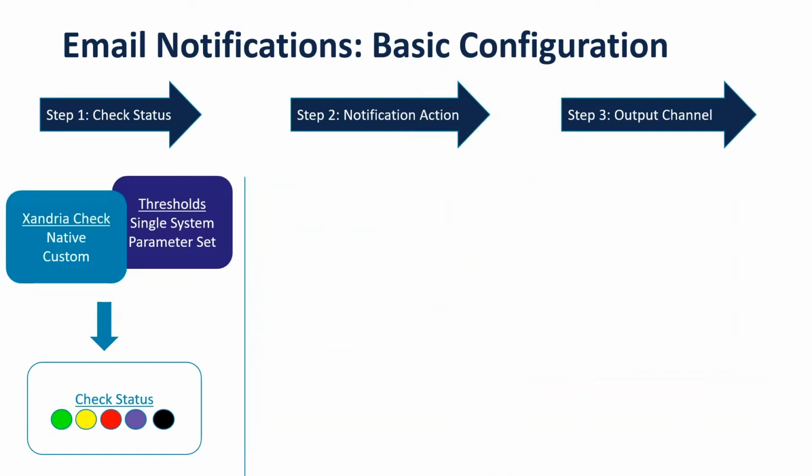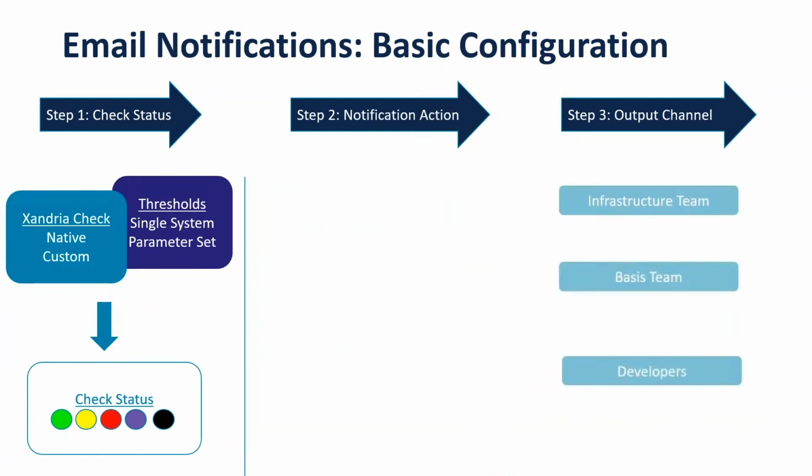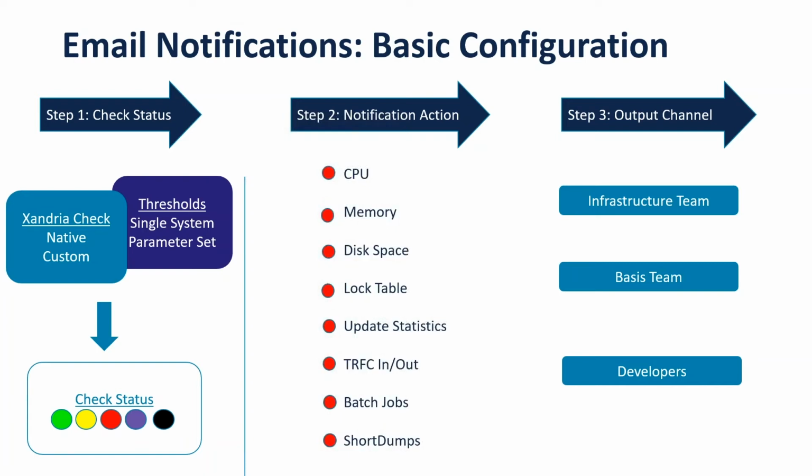So in setting this up, let's say we have an example where we have three different teams: the infrastructure team, the basis team, and the development team. All of them are going to be getting email notifications out of Avantra. So each of those teams will have their own output channel. Then we can take the actions that are based on the checks and decide which checks go to which team.